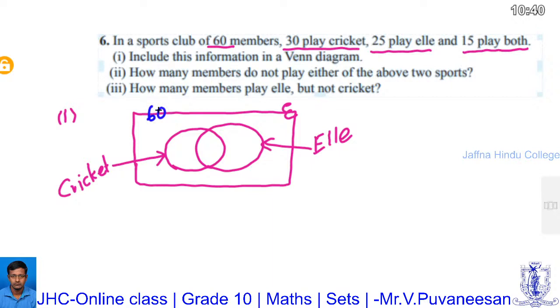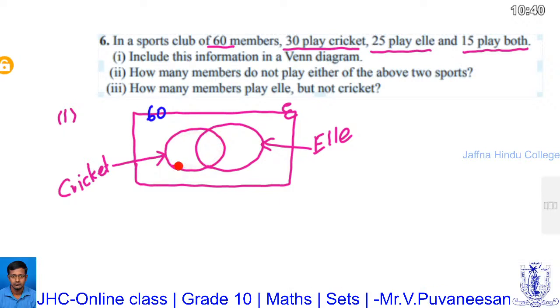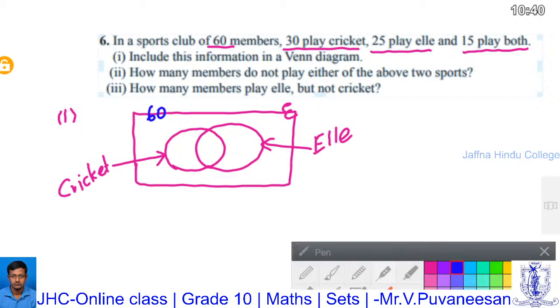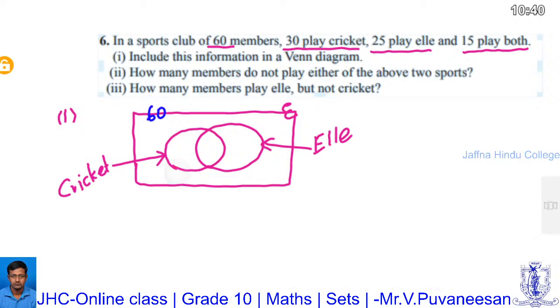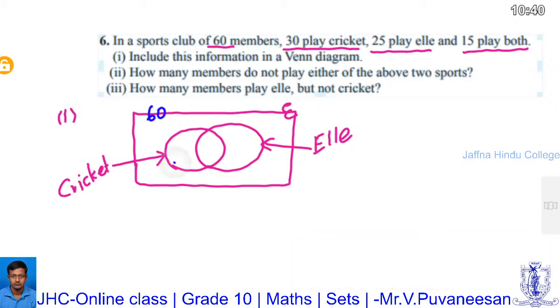So in this circle, both the two regions, including these and these, contain 30 members. So we put 30 on the circle.